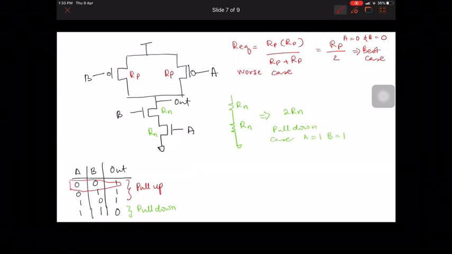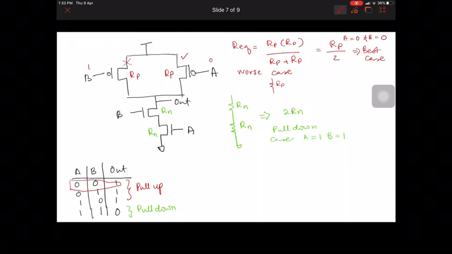But what about when either one is on? If A is 0 and B is 1, that means this one is off and this one is on. So there will be a resistance here, Rp. So the equivalent resistance is a single Rp, right?